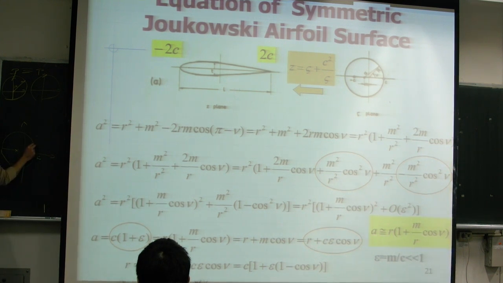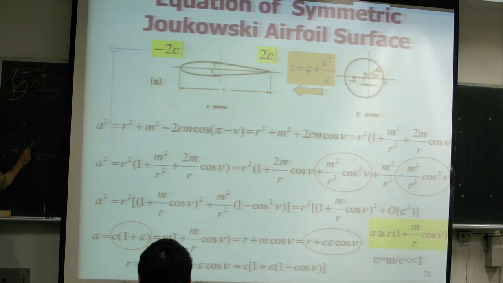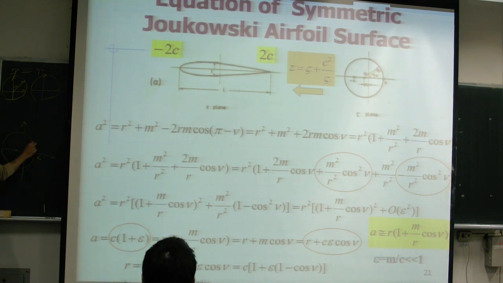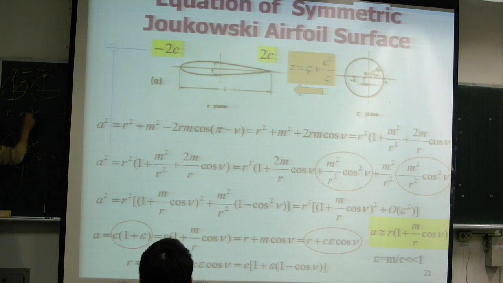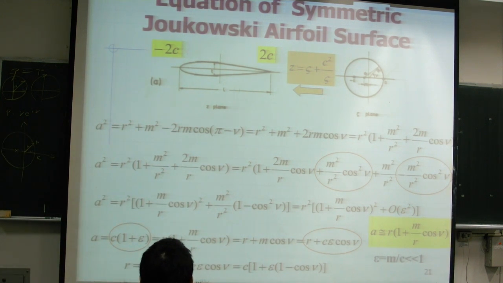Any point here can be described by the distance from here, this r, and the angle mu. So this point P can be described by r e to the i mu, the polar coordinate.